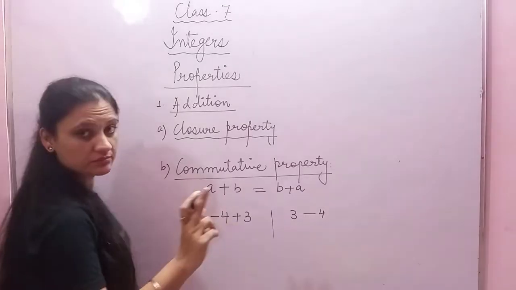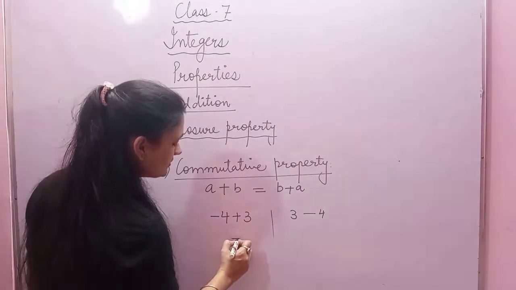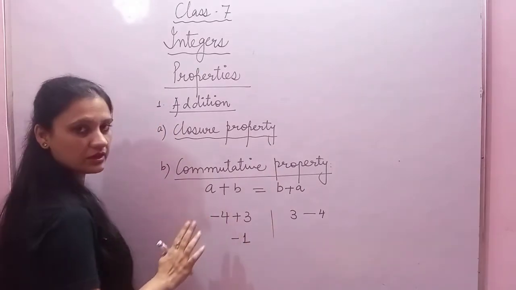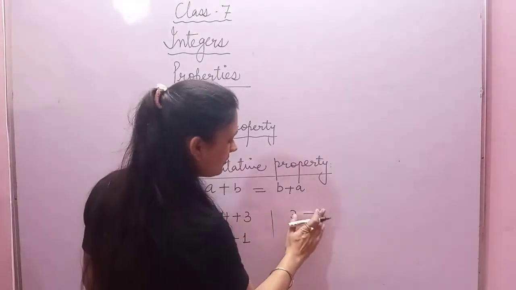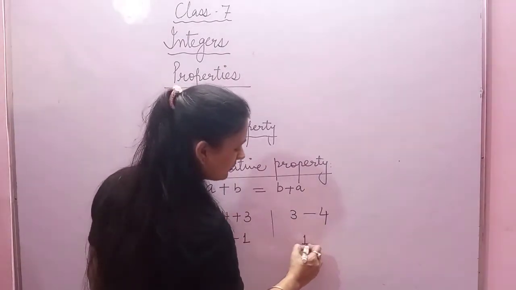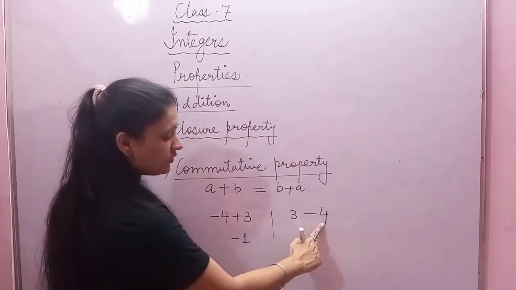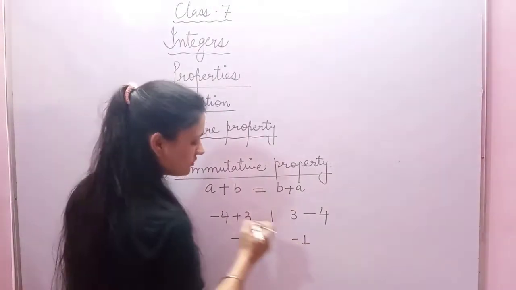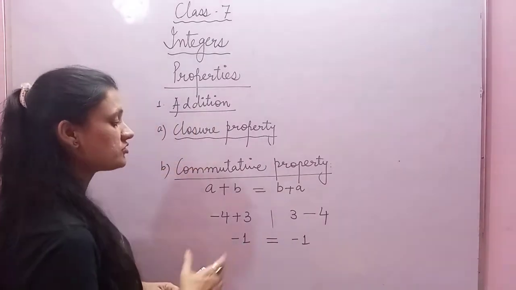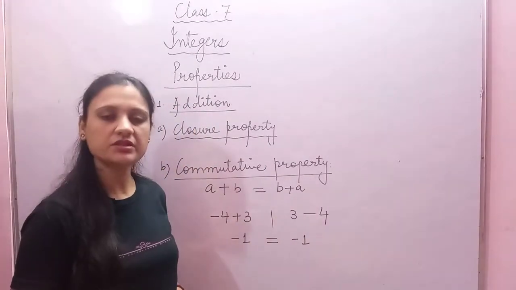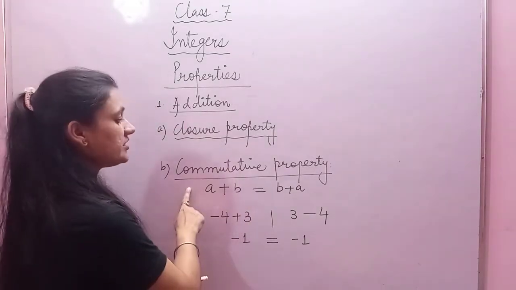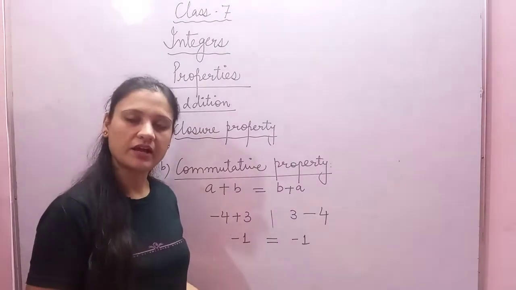Plus minus minus. 4 minus 3 is 1 and the greater number 4 is negative, so the answer is also negative. 3 minus 4 or 4 minus 3 is 1 and again the greater number is 4 and it is negative, so the answer is also negative. So you can say that when you change the order of the integers, the answer remains the same. It means that integers are commutative under addition.